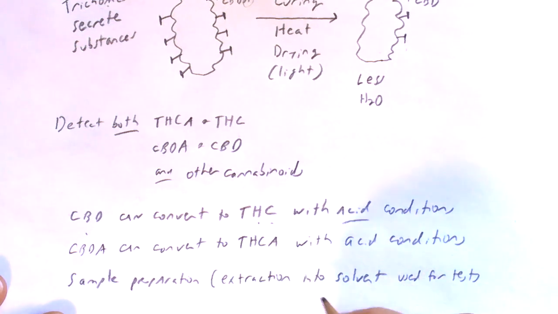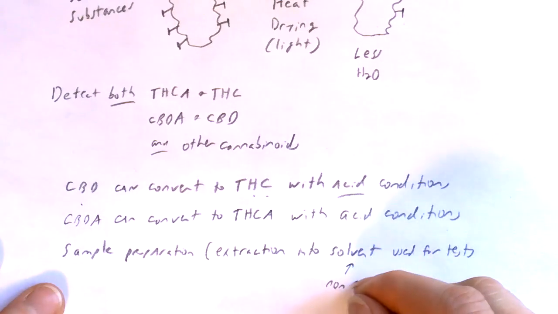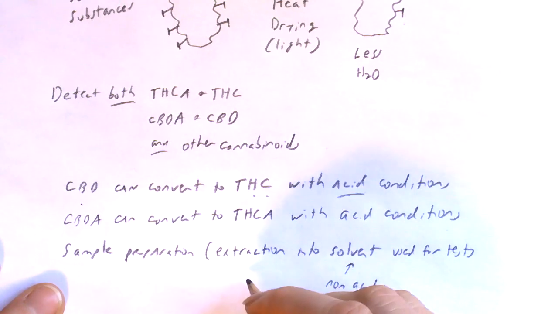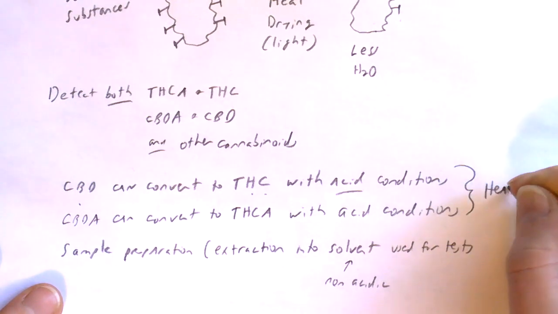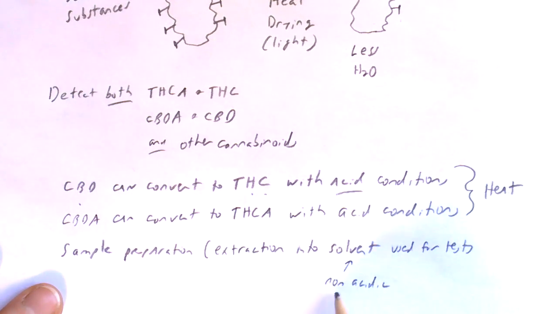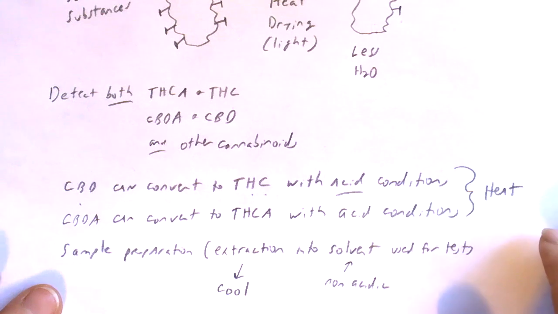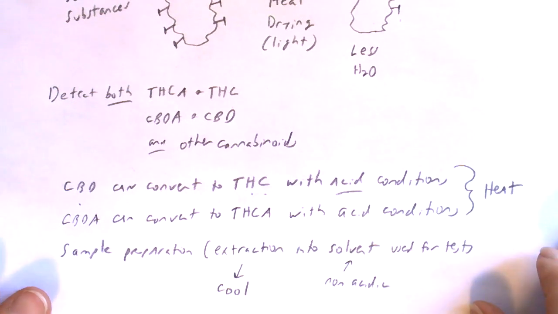You want to make sure that solvent is non-acidic, and it turns out that heat affects this as well. So you want to have that solvent be non-acidic and the extraction in the cool, not a hot environment, okay?